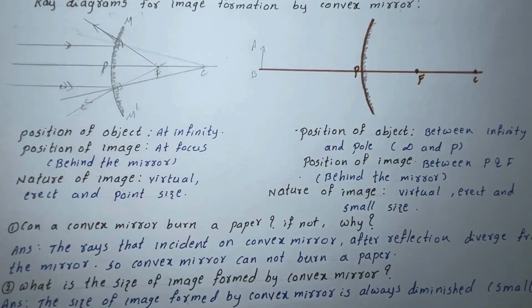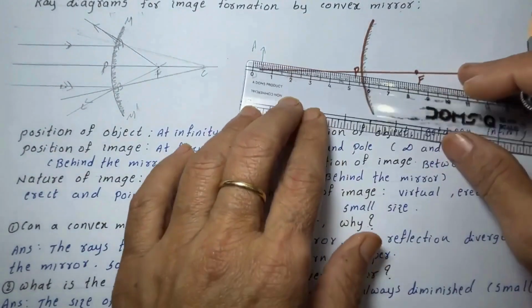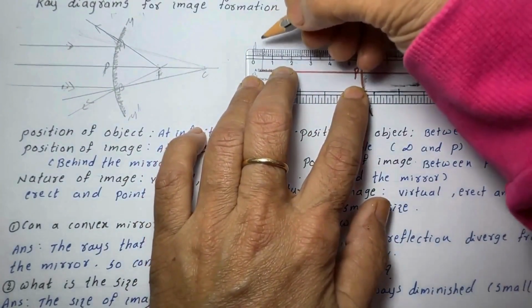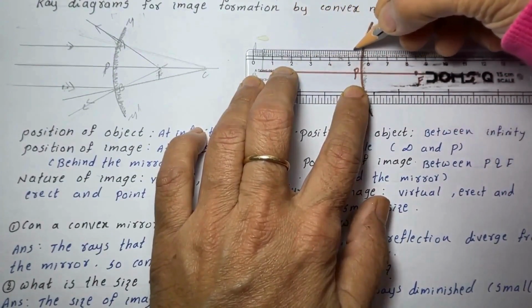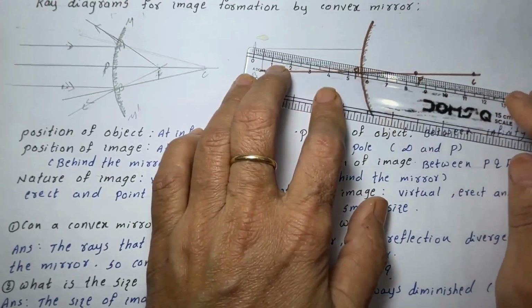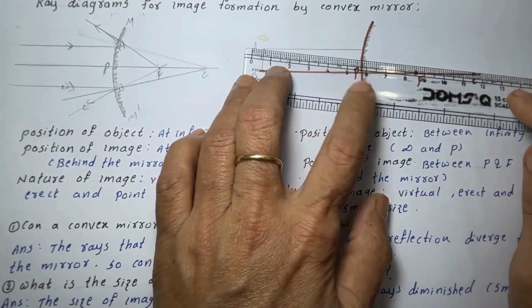When the object is at a measurable distance, to draw the ray diagrams, we have to draw two lines, two incident rays, which originate or start from one point of the object. So now I am taking two rays which start at point A, but they must be in different directions.